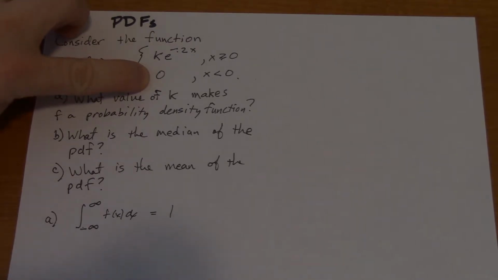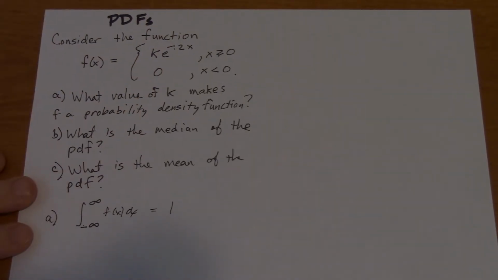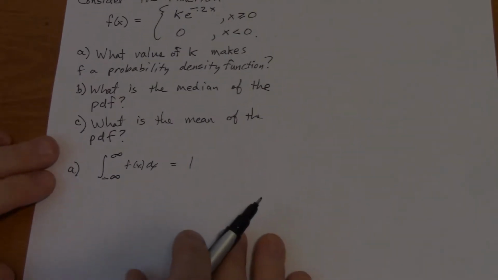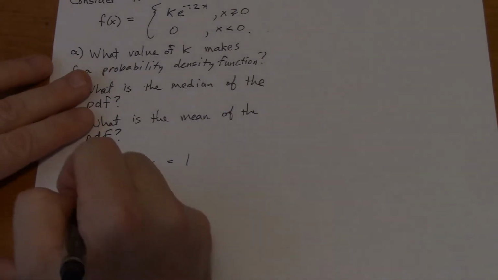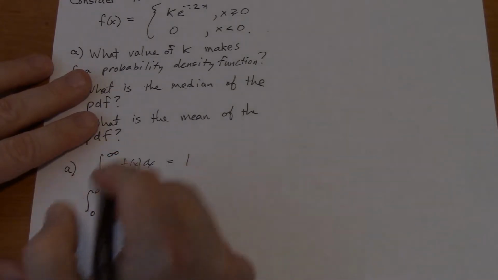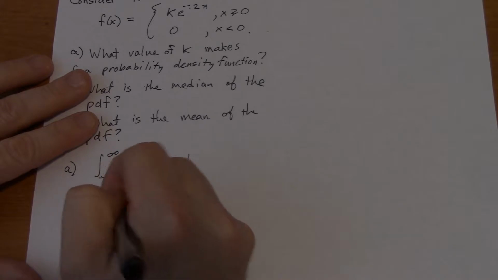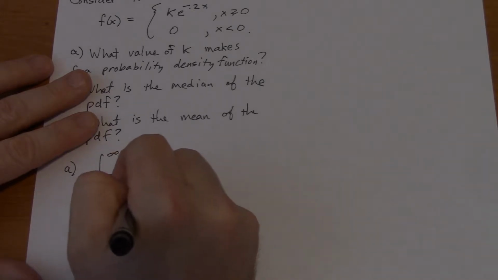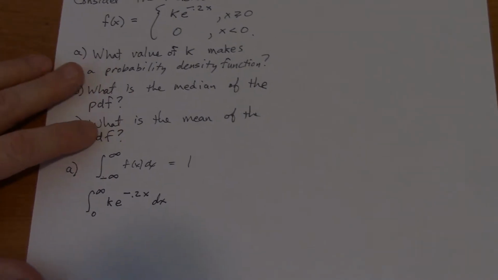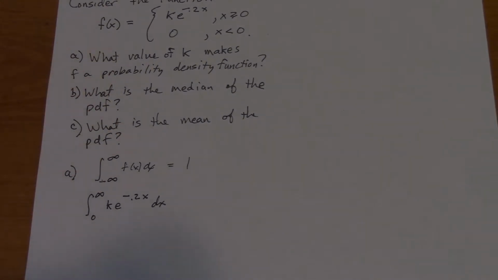The integral of 0 is 0, so we're going to just go from 0 to infinity, which is kind of nice. So we're going to calculate the integral from 0 to infinity of k e to the negative 0.2x dx, and we're going to set that equal to 1 and solve for k.